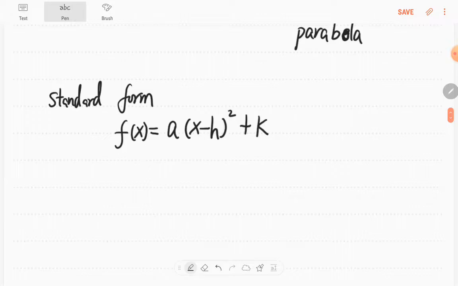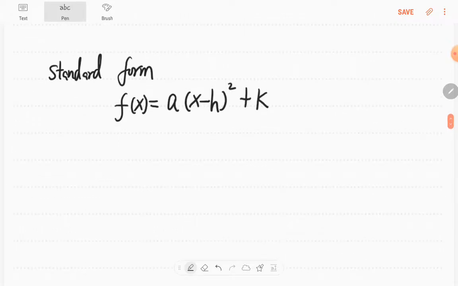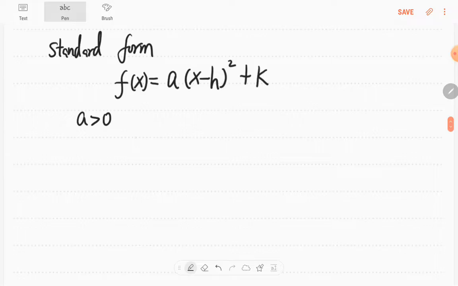Now let's look at the graph of this one. If a is greater than 0, then the graph for this function will be this. The parabola will open up.